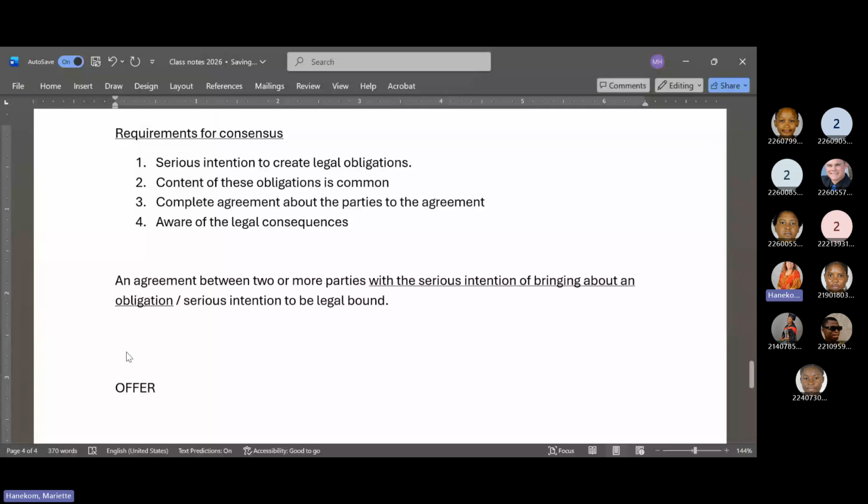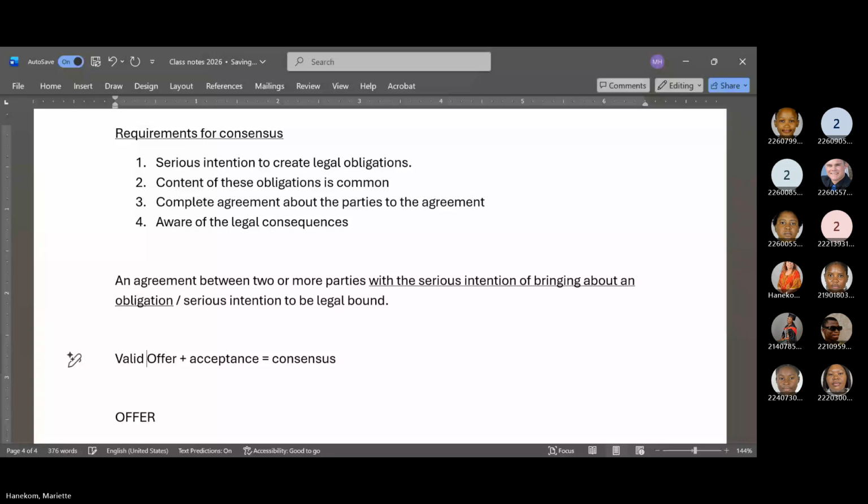Those requirements that I have set out for consensus can only come into existence if there was a valid offer coupled by a valid acceptance, which gives us consensus.